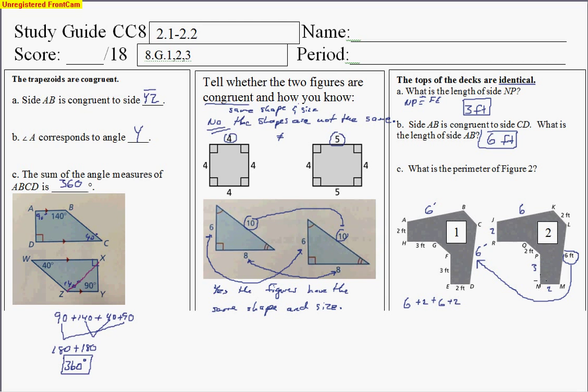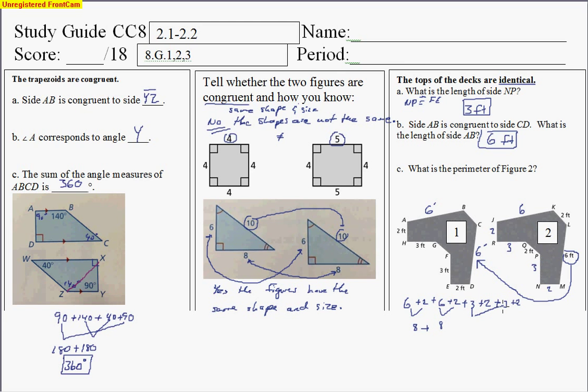And now I have these 3 sides left to go, so I got plus 3 plus 2, and then I've got this missing side right here, which is the same as HG, so it's 3 feet. So I got another 3 feet I need to add on, and this extra 2 feet right here. So now I'll add these numbers up. This looks like 8 and 8, and I'll add up a few more numbers here.